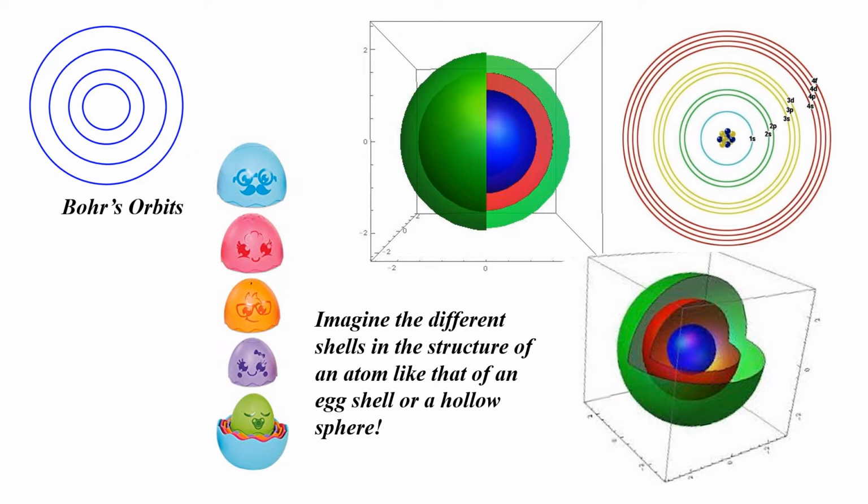You can also imagine hollow spheres stacked over one another. Now, look at the adjacent pictures. Imagine the blue hollow sphere as the first energy level or first shell. Imagine that there are electrons of certain energies inside this first shell of an atom.